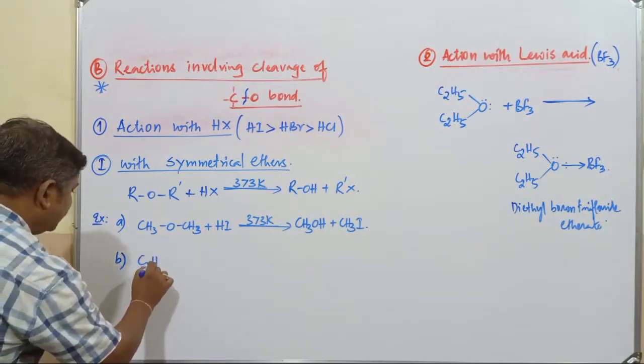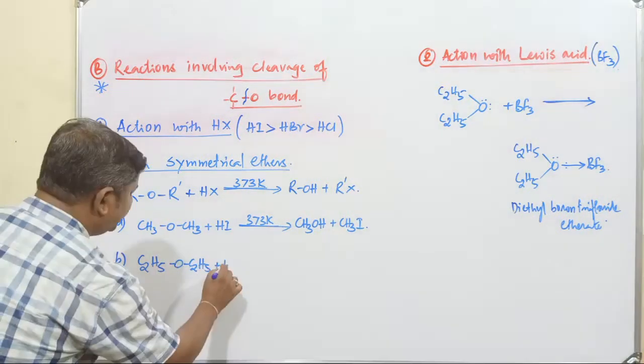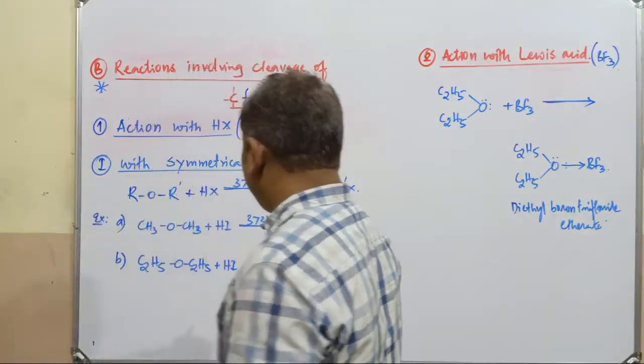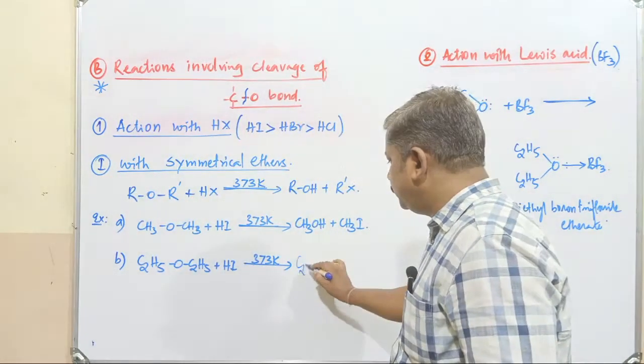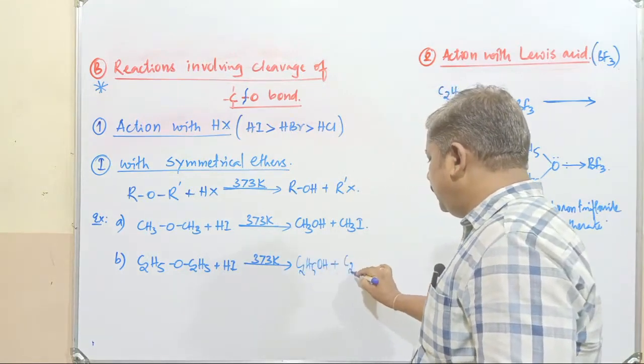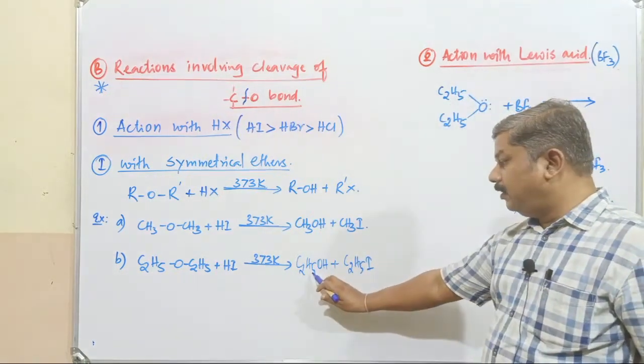Another example: C2H5OC2H5 plus HI at 373 Kelvin. What happens here? Hydrogen is added to one oxygen of the alkyl, giving C2H5OH plus C2H5I. The name? Ethyl alcohol or ethanol.